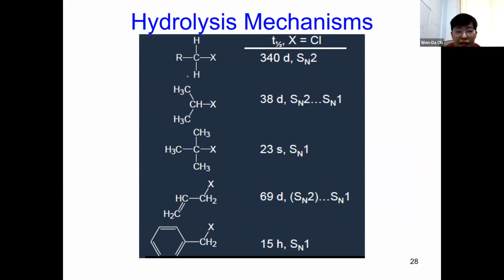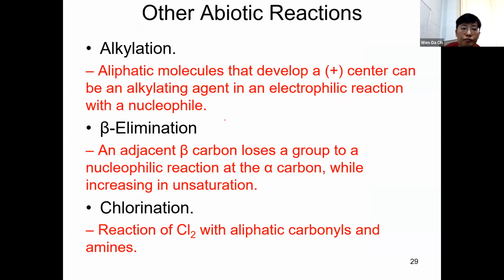If you have something that is fairly stable, you'll see that it has a 340 days half-life, and it proceeds through an SN2 reaction. Whereas if you have something with a lot of large bulky groups, it proceeds through an SN1 reaction. The half-life is about 23 seconds.